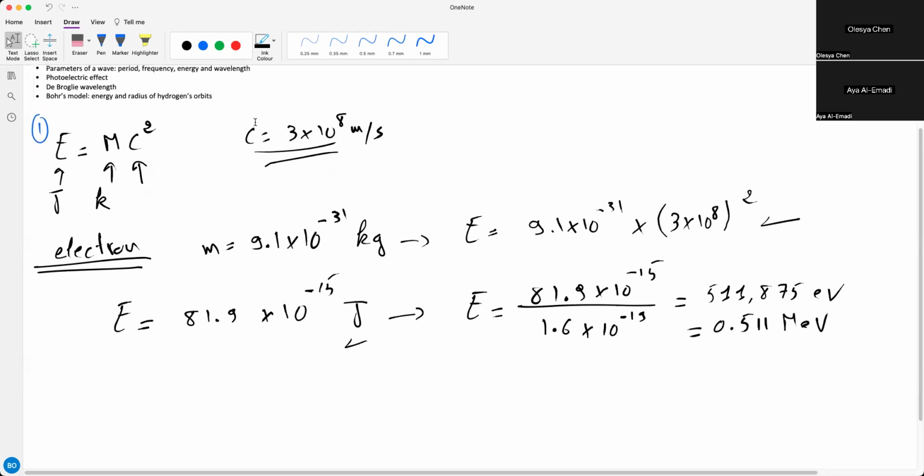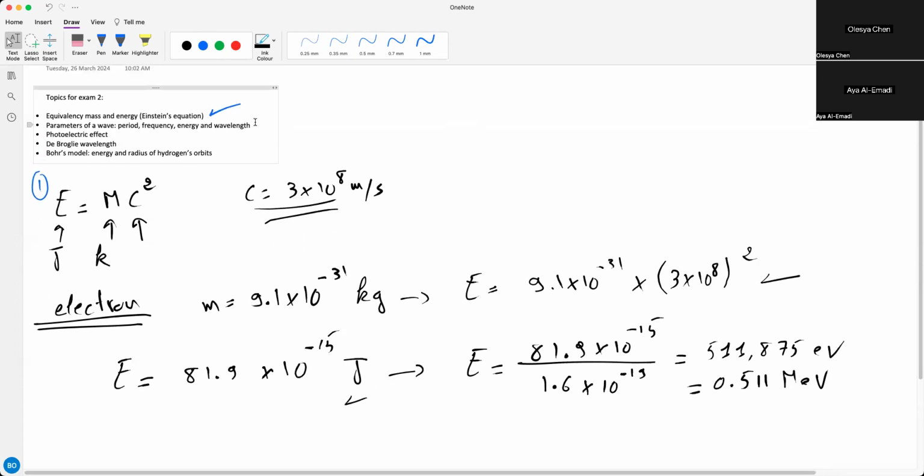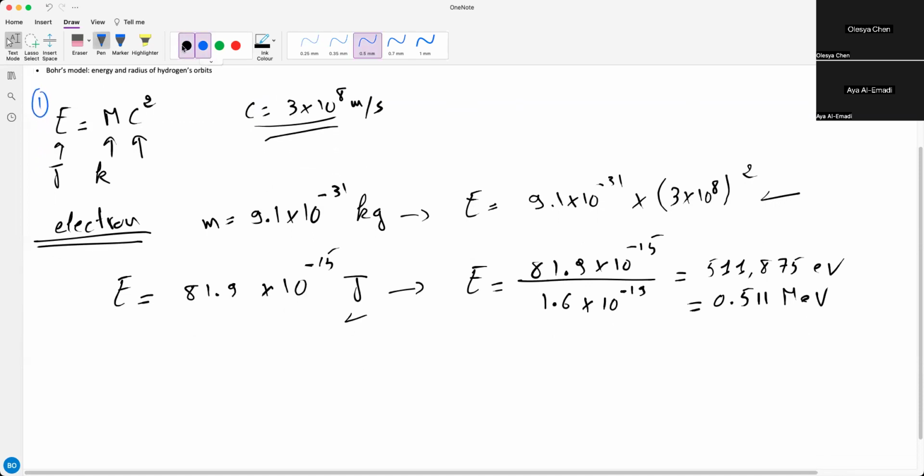The second one is the parameters of the wave. As we mentioned in class, the wave has a wavelength, has a period T, and has a frequency.